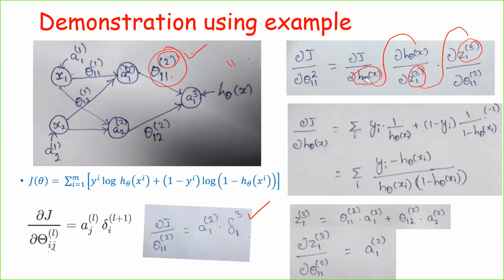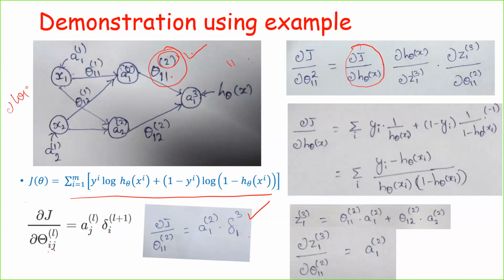So let us compute the individual terms. Derivative of J with respect to h theta of x, where J is this. What is the derivative of log x with respect to x? 1 by x. So the derivative of log h theta of x with respect to h theta of x is 1 by h theta of x.